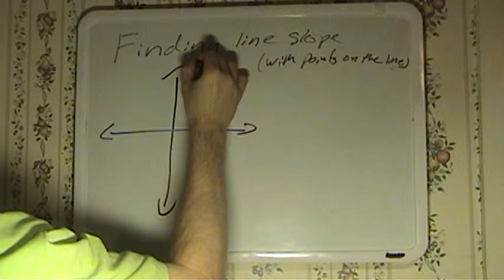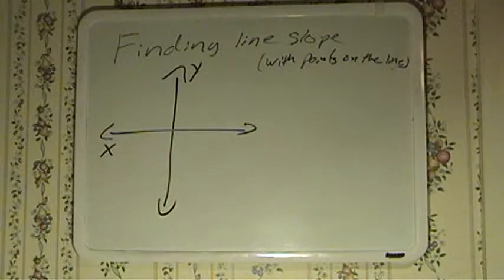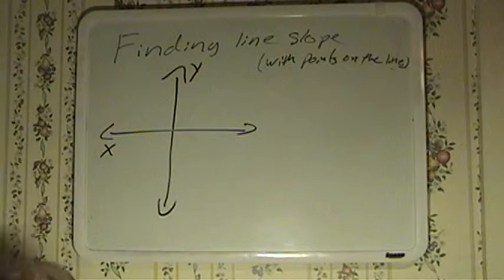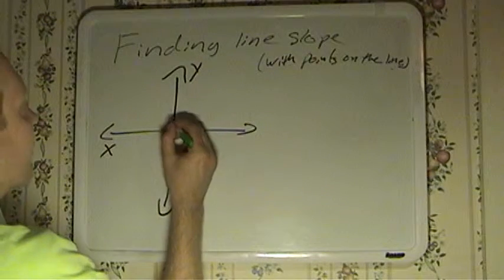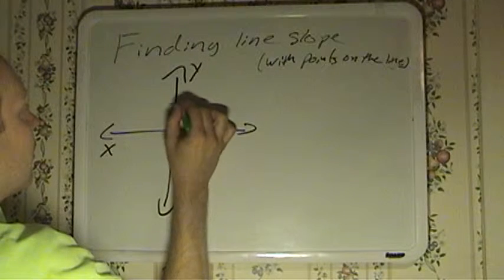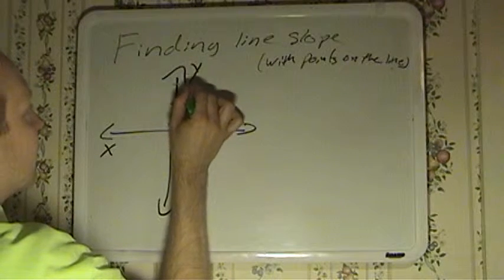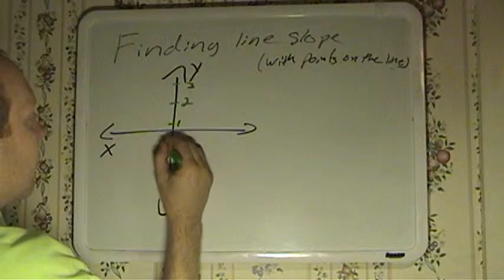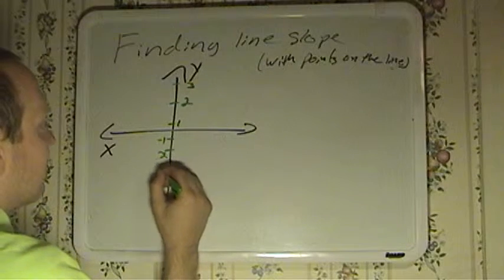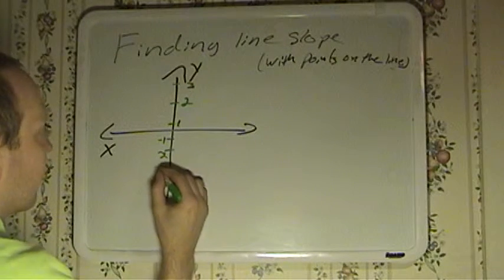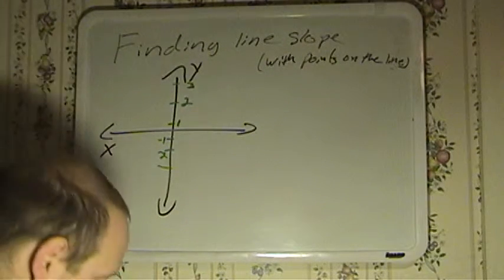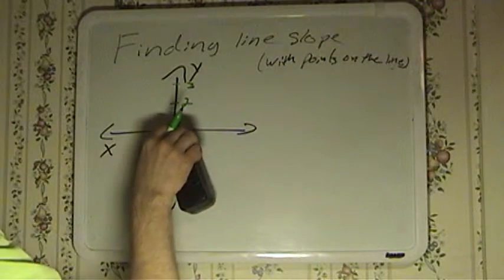Got my y-axis and my x-axis. This time we're gonna kind of blow things up a little bit. So that's 1. This is 2. This is 3. -1, -2, -3. So things space out a little bit better, and you can actually see a little bit better.